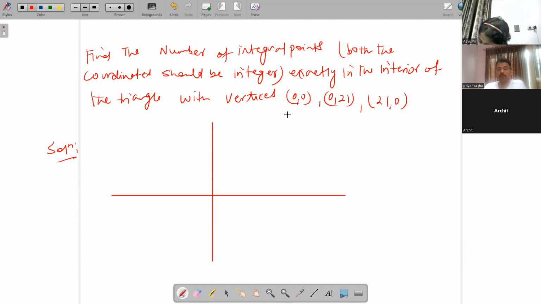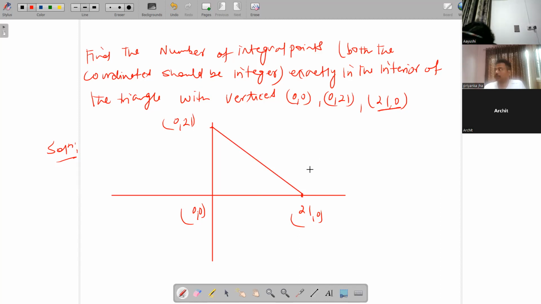Now you mark the points. 0, 0 is origin. And 21 comma 0. You know that any point which lies on the x-axis has y coordinate 0, and any point which lies on the y-axis has x coordinate 0. So this 21 comma 0 will lie on x-axis and 0 comma 21 will lie on y-axis. So just join these two points and here is your triangle.